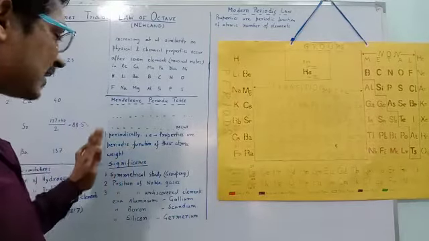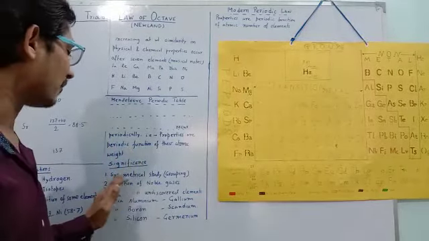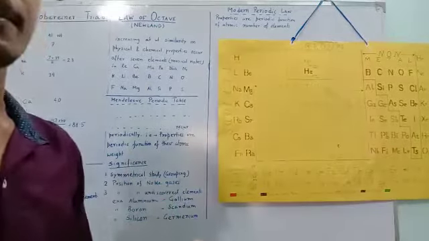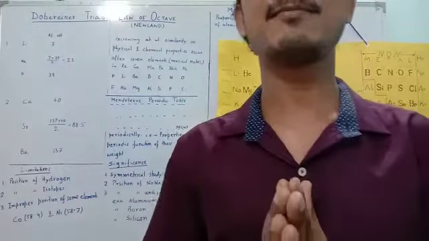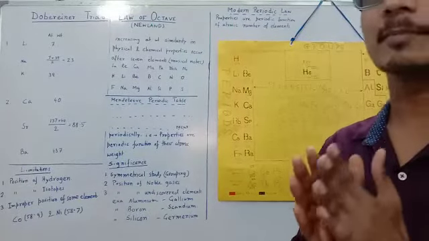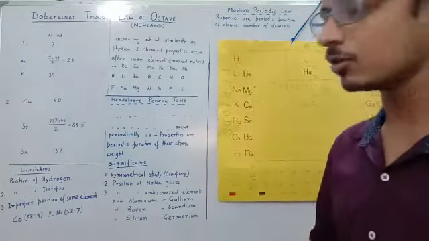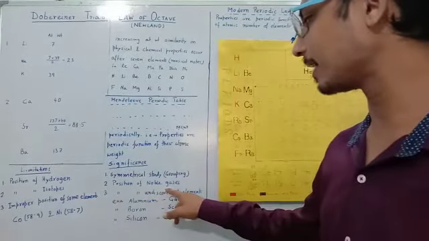The main significance of the Mendeleev periodic table is: number one, it was the first attempt at proper grouping of elements so that we can make a very systematic study. Number two is the position of the noble gases.